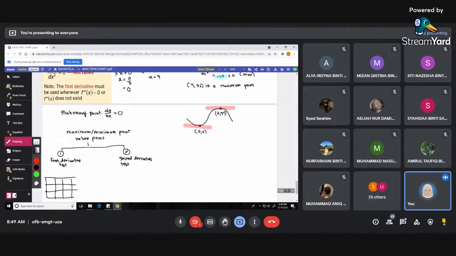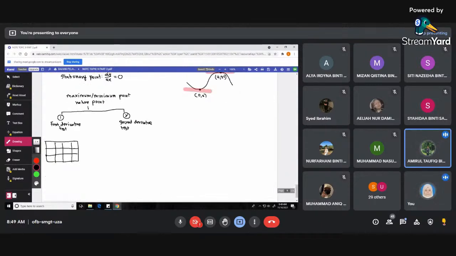Okay, so ni jadual dia. Pertama kita tulis apa tadi? Tengok balik nota awak. Interval. So, kita tulislah perkataan interval. Yang kedua kita tulis dy/dx.